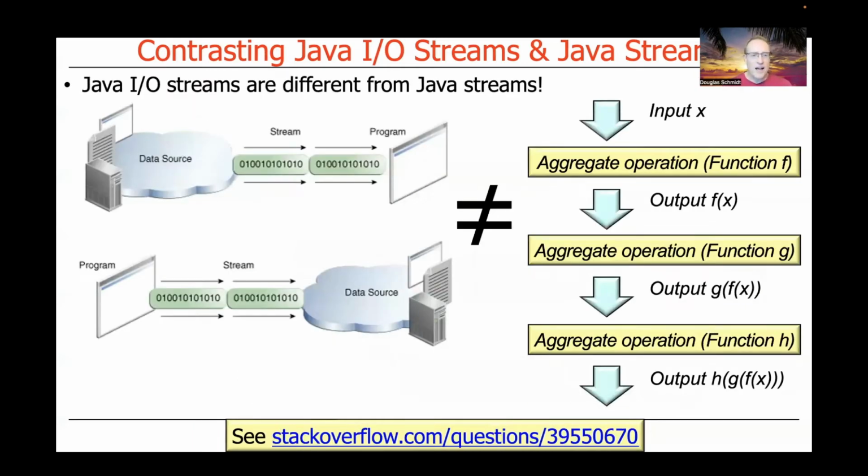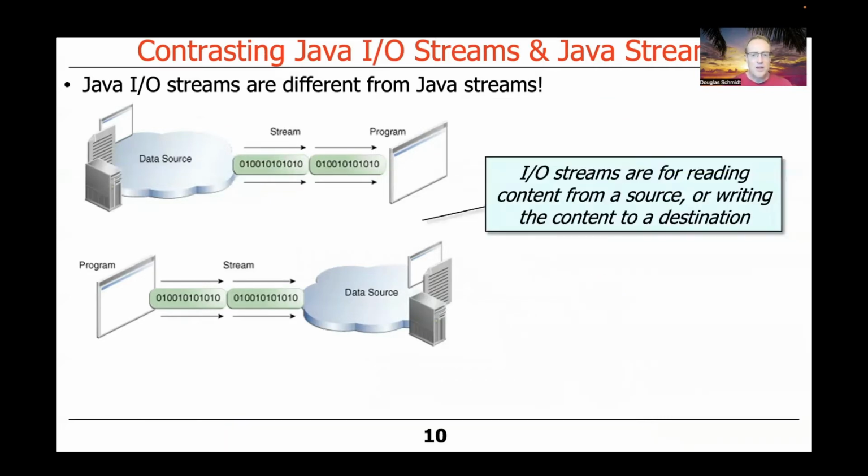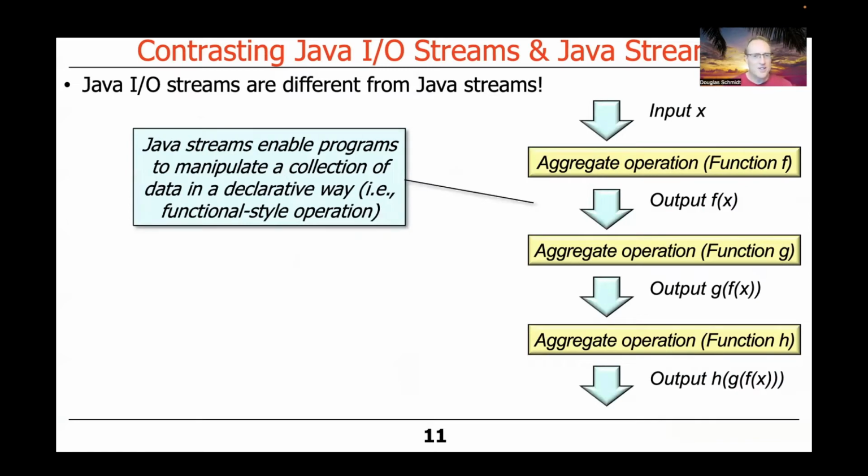Now, key point, Java IO streams are different from Java streams, which is the focus of our course. IO streams, as we've seen, are for reading content from a source or writing content to a destination. In contrast, Java streams enable programs to manipulate a collection of data in a declarative way, using functional style operations, things like map or filter or flat map or sorted and so on.